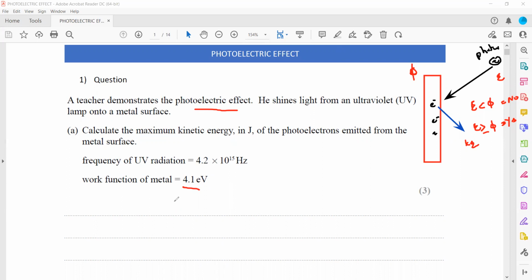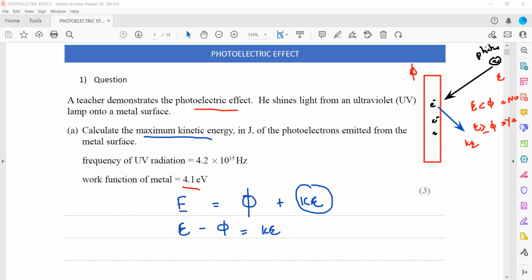So we can say that the energy of the photon E equals the minimum possible energy needed to remove the electron, phi, plus the kinetic energy, which relates to the speed of the electrons coming out. In the question we have to calculate the kinetic energy, so this factor is unknown. How to work out the kinetic energy? Basically, the energy of the incident photon minus the work function gives the kinetic energy.